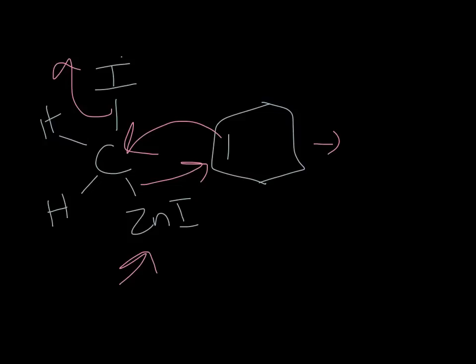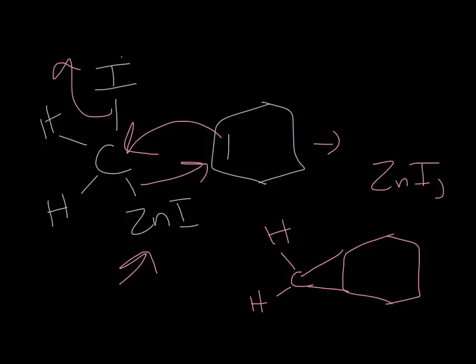I end up with, and I'm going to draw it down here, my carbon, still with the two H's on it, and then you have in solution basically ZnI2. The zinc can coordinate to both of those I's, the one that left and the one that was already on it.